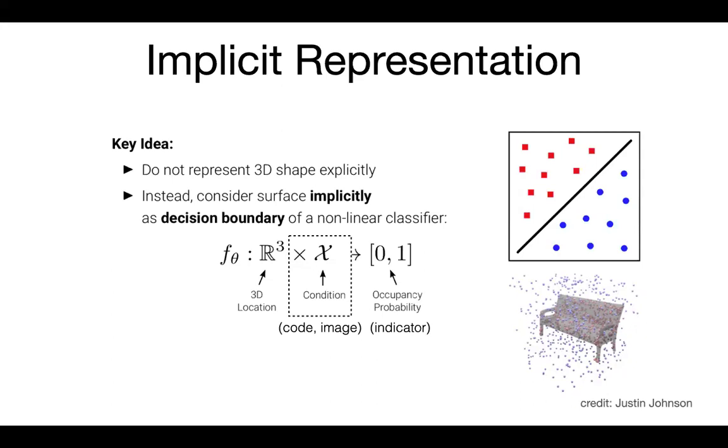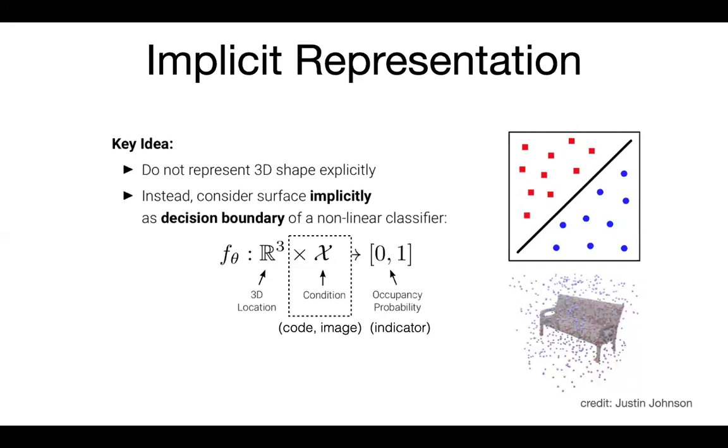But if you want to learn a shape family, we can put in a condition. So the input here is going to be a 3D location plus a condition. And that condition can be a latent code, can be an image, and then that's going to indicate which shape we are talking about. And here we have an example.